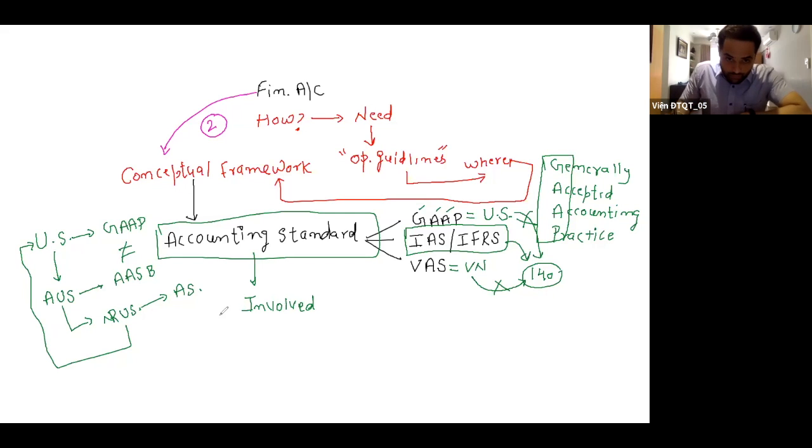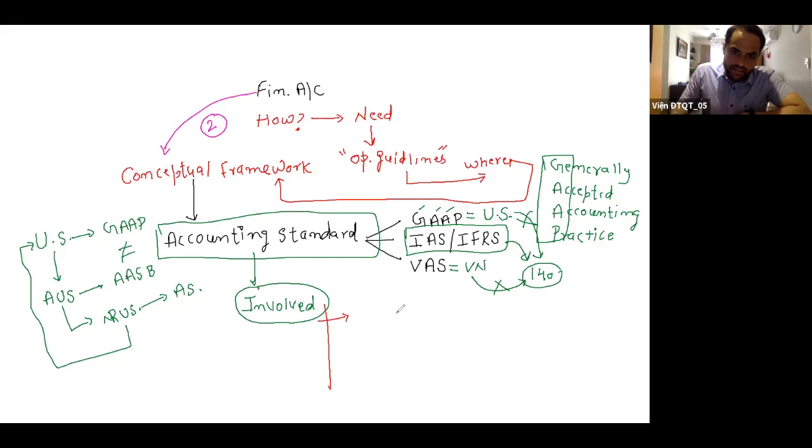So remember, accounting standard here consists of 4 things.